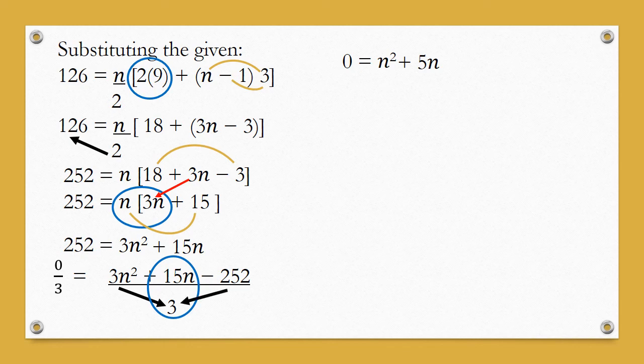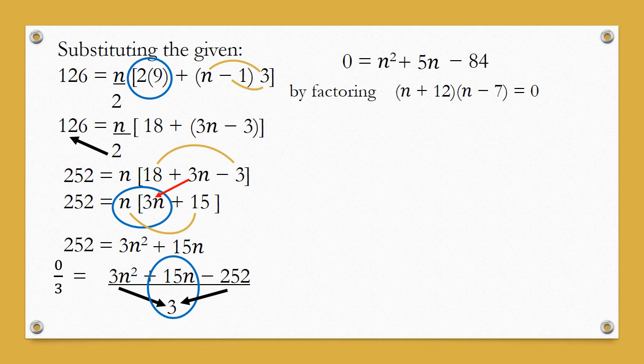Negative 252 divided by 3 is negative 84. Again, since this is a quadratic equation, ang gagamitin natin ay factoring. So by factoring, the factors of 84 are 12 and 7. So 12 is positive and 7 is negative.